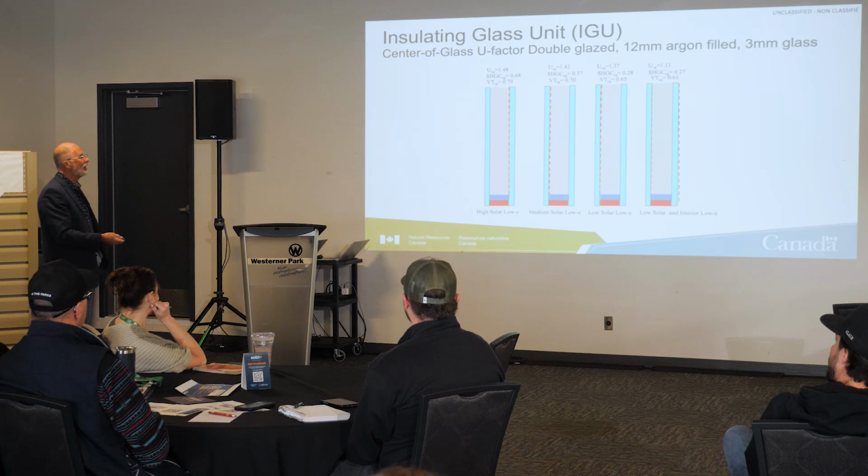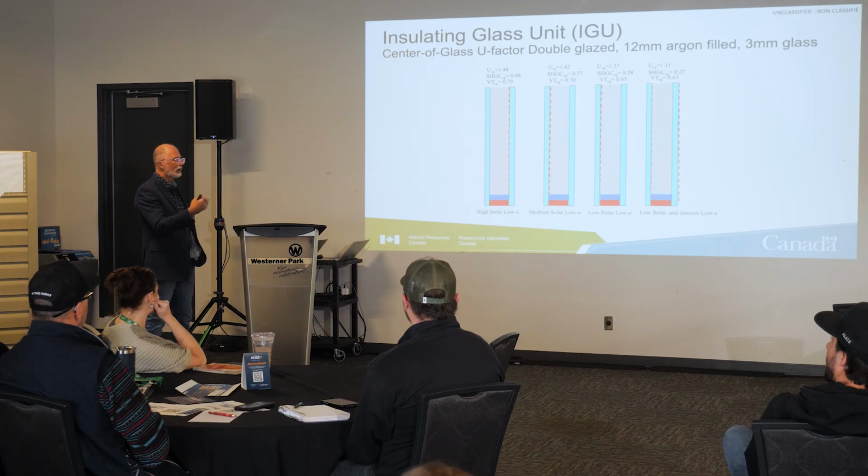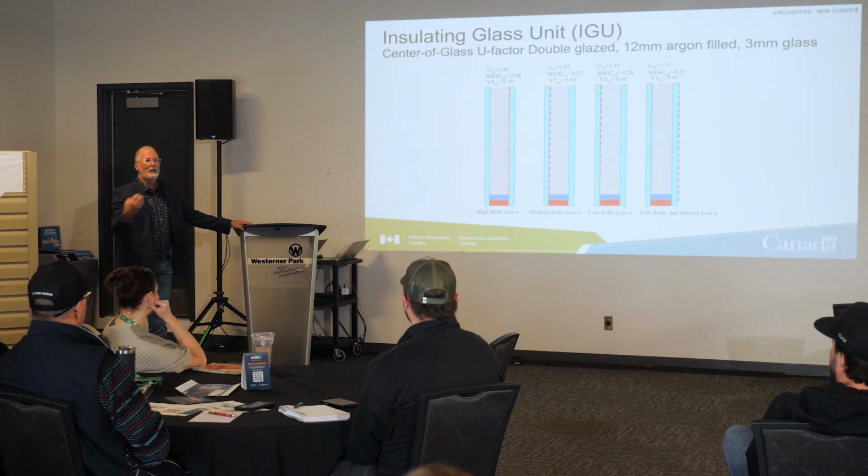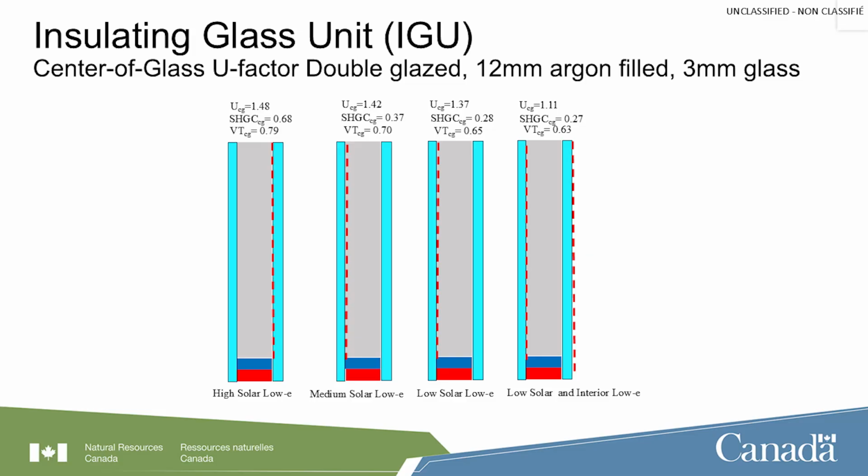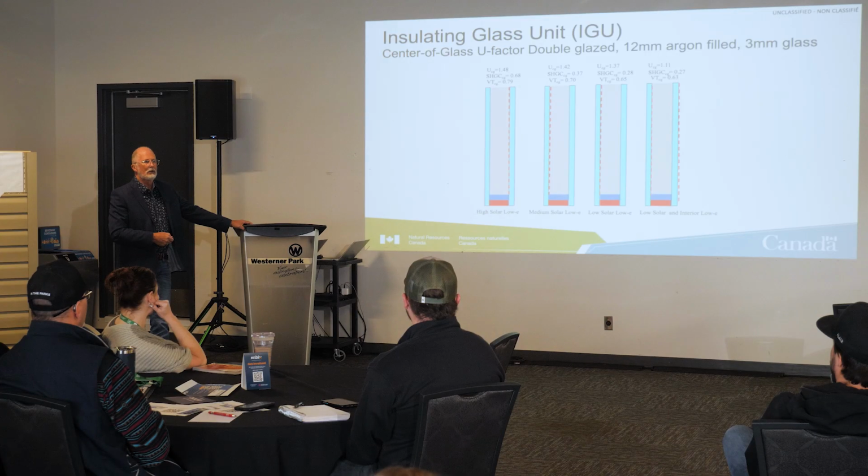So I haven't really done anything to the window itself other than put a coating that bounces the heat back into the room. And by doing that, I've taken that from 1.37 to 1.11 in terms of a low E coating. Does that make sense to everybody? So we can use these coatings to our advantage.